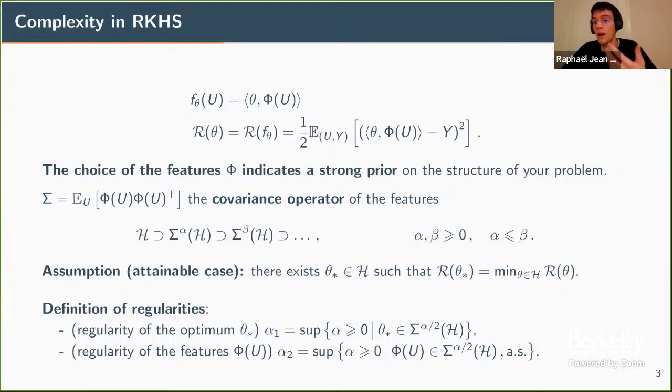This gives you a number alpha 1, a real number, and this measures the regularity of the optimum. Similarly, you can measure the regularity of the features as alpha 2 being the largest alpha such that the features phi of u are in the image of sigma to the alpha over 2 almost surely. And people call that by many names, but maybe like a source condition for the first one and capacity condition for the second.